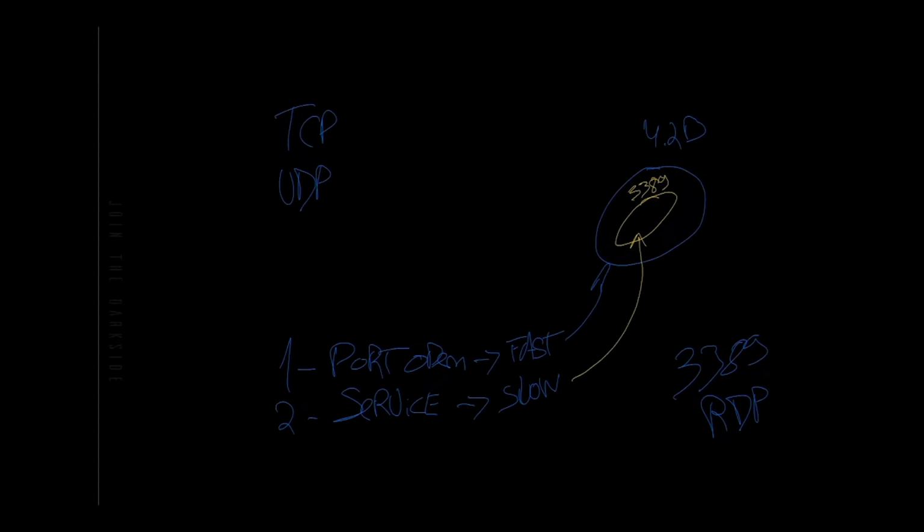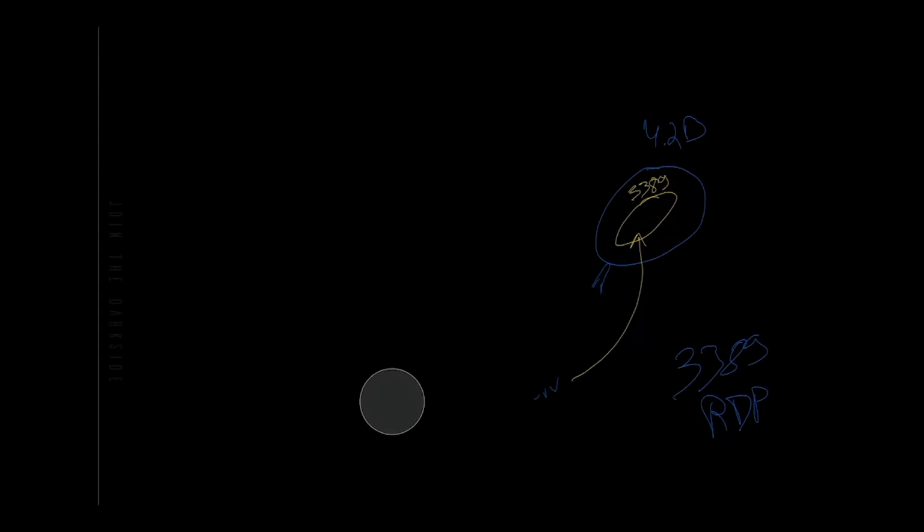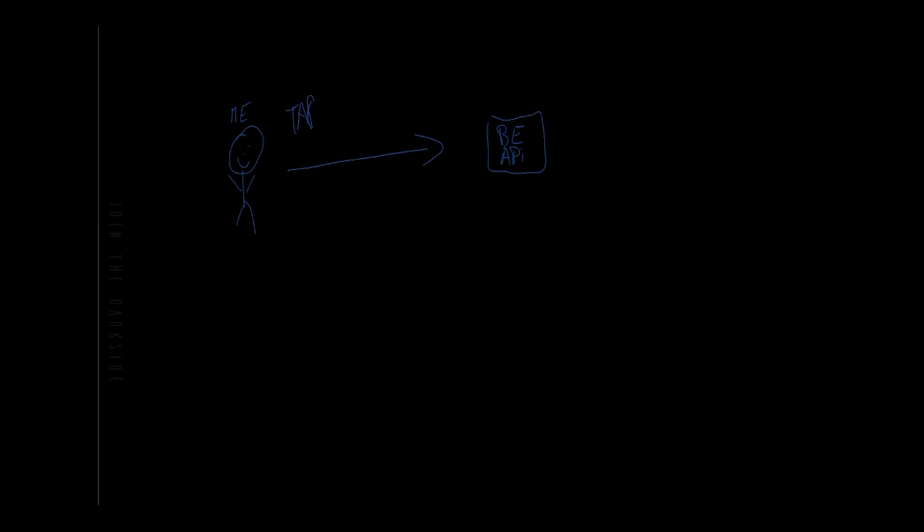So what happens when I press enter on that launch job command? My curl command is talking to the BinaryEdge API and essentially saying, here's my target, here are the modules that I want to run, here's my token to authenticate.